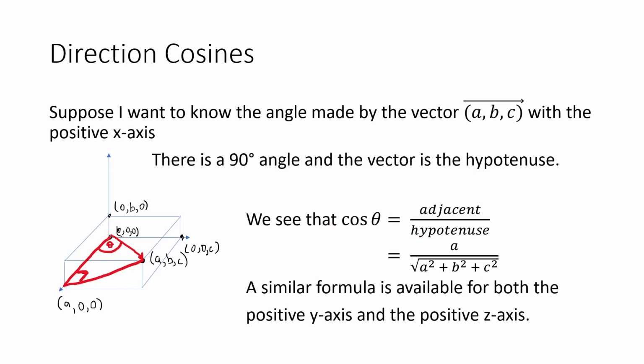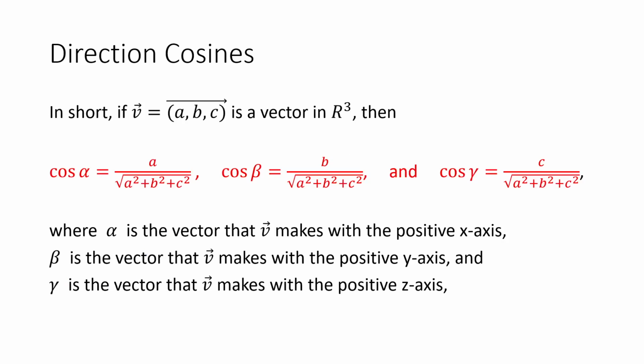And a similar formula is available for both the positive y-axis and the positive z-axis. And we have a convention in math that alpha is the angle that a vector makes with the positive x-axis. Beta is the angle that a vector makes with the positive y-axis. And gamma is the angle that a vector makes with the positive z-axis.